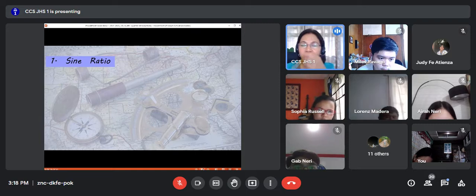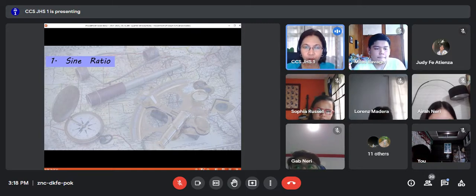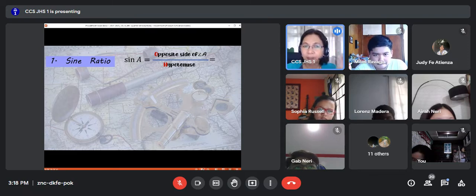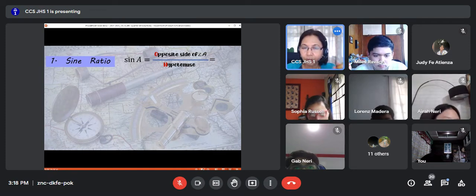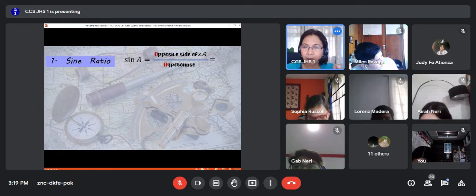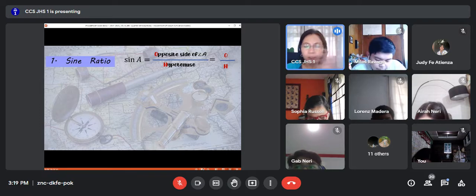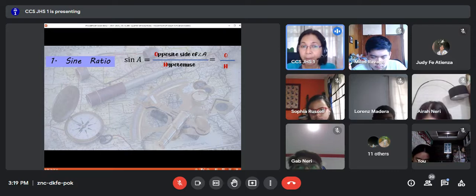Now let's have the shortcuts for easy memorization. So again, sine ratio is the ratio of the opposite side of angle A over hypotenuse. Take note of the highlighted letters O and H. So therefore, sine of angle A is equal to the ratio of O over H. I don't want you to memorize the small letters a, b, and c because there are times that we will be using other letters in a triangle.